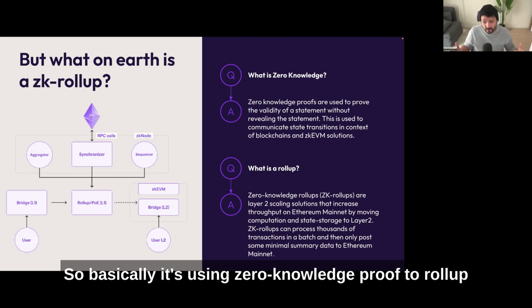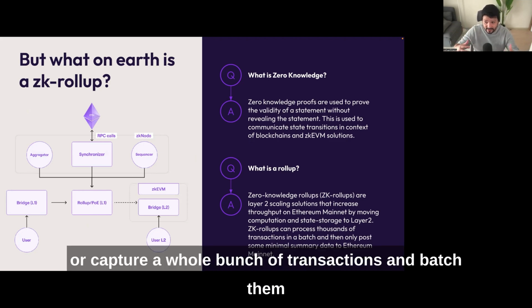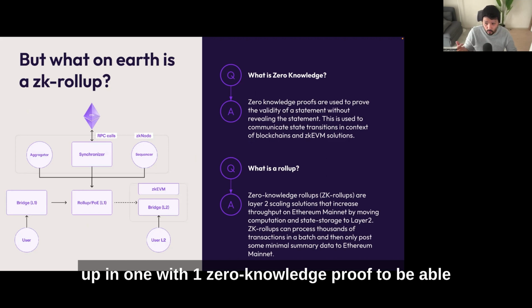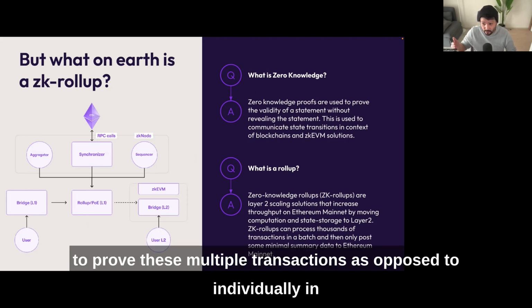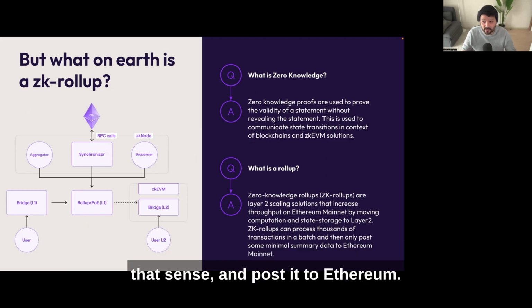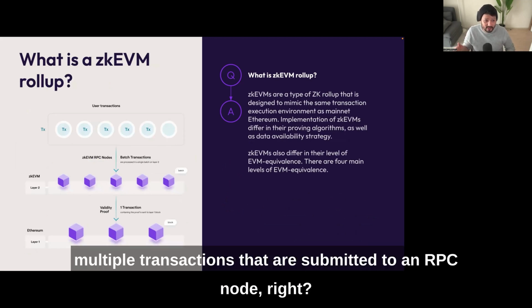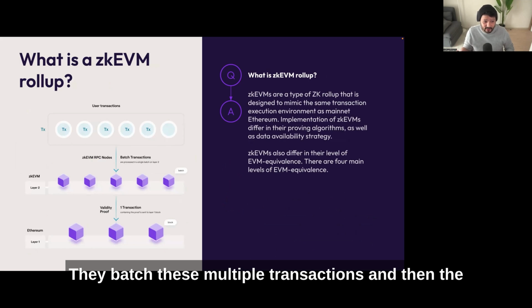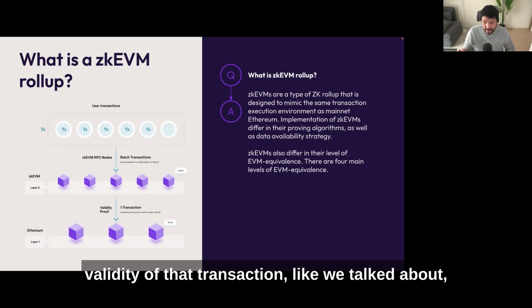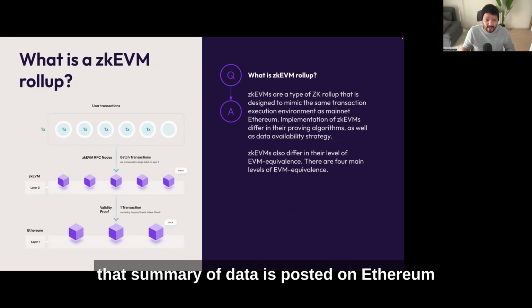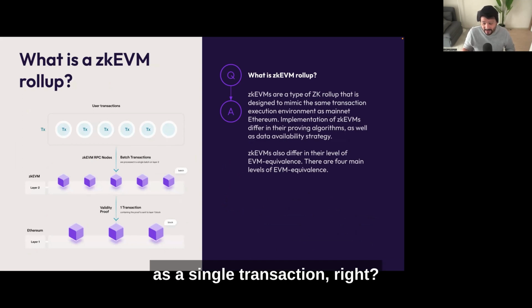So basically, it's using zero-knowledge proof to roll up or capture a whole bunch of transactions and batch them up in one, with one zero-knowledge proof, to be able to prove these multiple transactions as opposed to individually, and post it to Ethereum. So just to recap how that looks, we have multiple transactions that are submitted to an RPC node, right? They batch these multiple transactions, and then the validity of that transaction, like we talked about, that summary of data is posted on Ethereum as a single transaction, right?